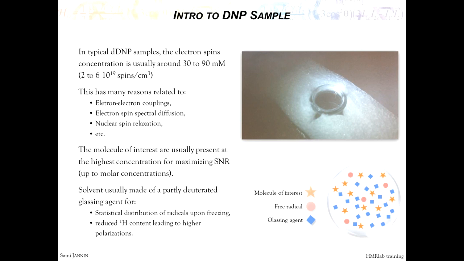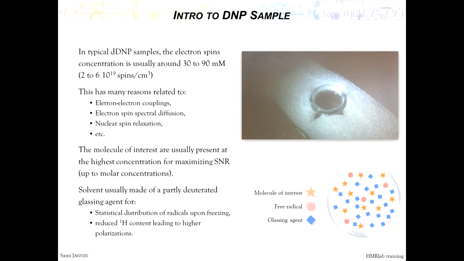If you go below, or if you go higher, the DNP usually works less. It's slower or it's lower. The many reasons are related to the coupling of the electrons between them, the spectral diffusion, how the irradiation perturbs the EPR line, the nuclear spin relaxation, and others. So there are many, many reasons why there is this sweet spot for dissolution DNP, which is in the tens of millimolar range.